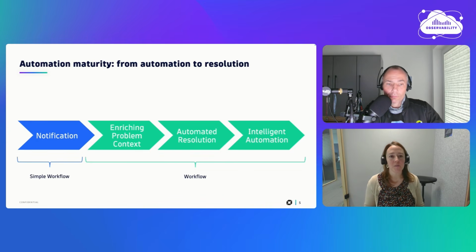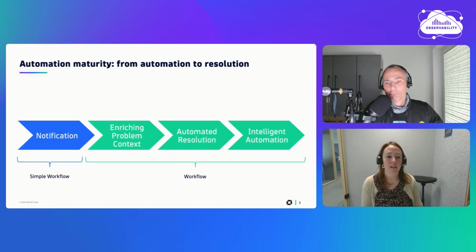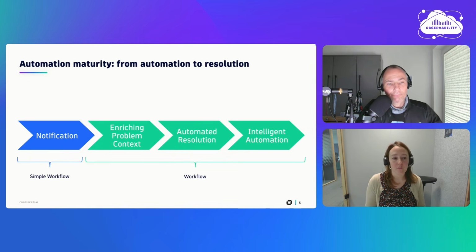So we see teams that automatically create Jira tickets for problems, but first do some enrichment, look at the data from here, and bring it all together to make sure that the Jira ticket already has all the information that the team needs to act on it. And we can go step by step into more automated remediation and resolution, and then even more intelligent automation.